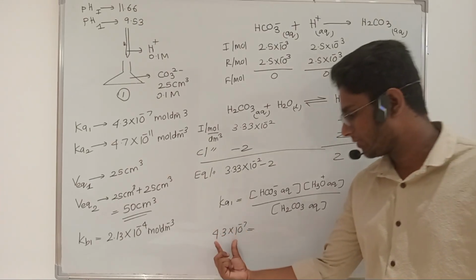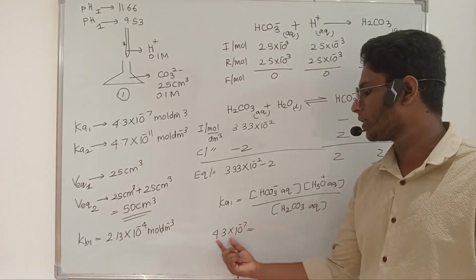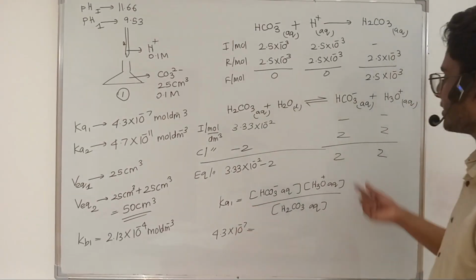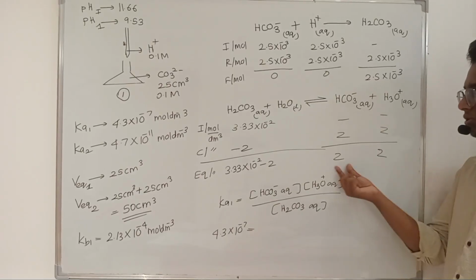When writing the value for Ka, write it with the units: 4.3 into 10 to the minus 7 mole dm minus 3. What is the concentration of bicarbonate? Z. What is the concentration of H3O plus? Z. So both have the same concentration.